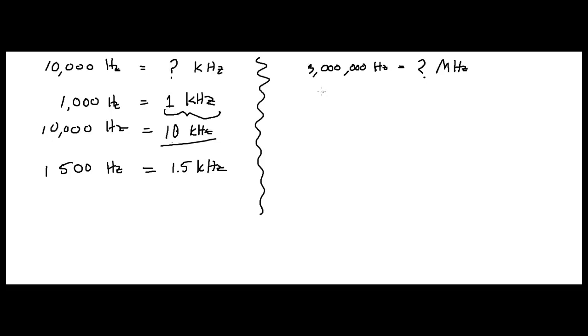Okay, welcome back. So what do we know, right? 1 million hertz equals 1 megahertz, right? Got it? So 3 million hertz is going to equal 3 megahertz.